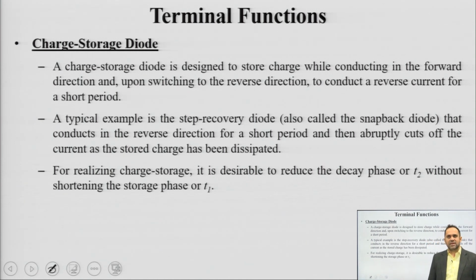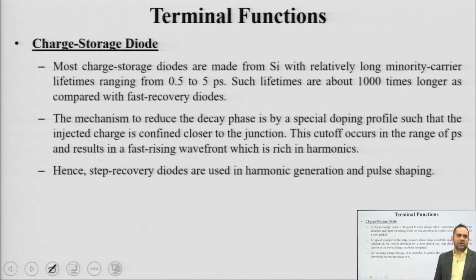For realizing this charge storage action, it is desirable that you reduce the decay phase or T2 without reducing the constant current phase time T1. Most of these diodes have relatively long minority carrier lifetime, which ranges from half to 5 picoseconds. Such lifetimes are usually 1000 times longer compared with a fast recovery diode.